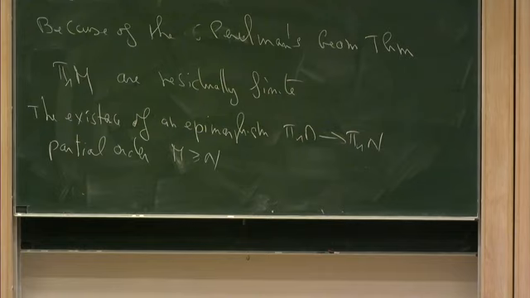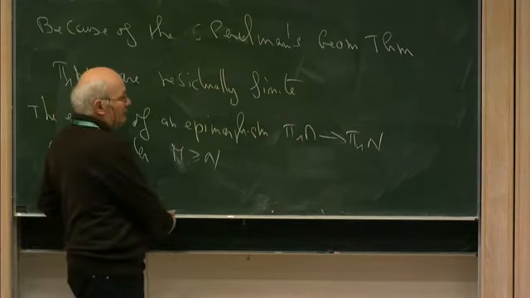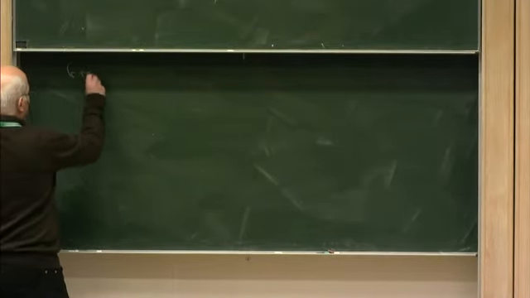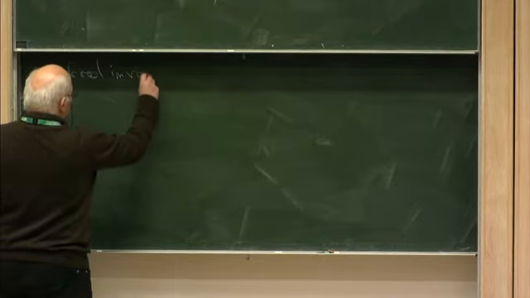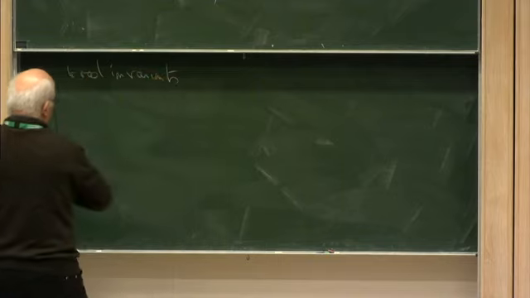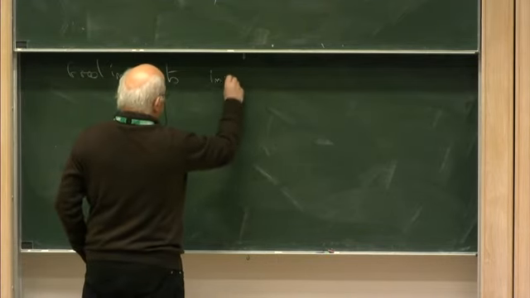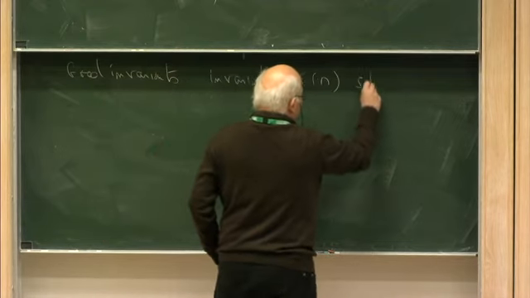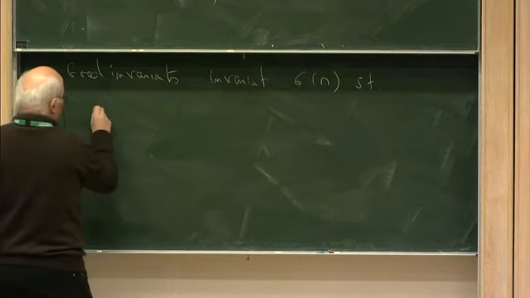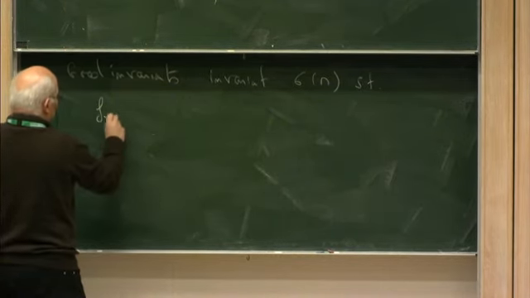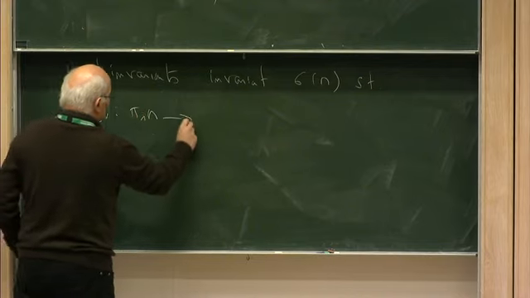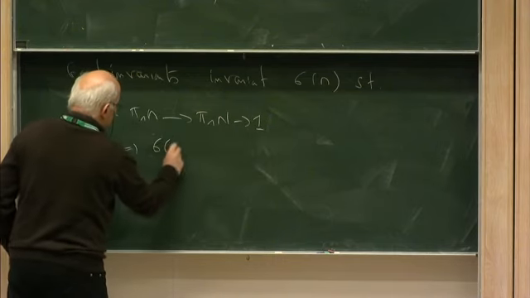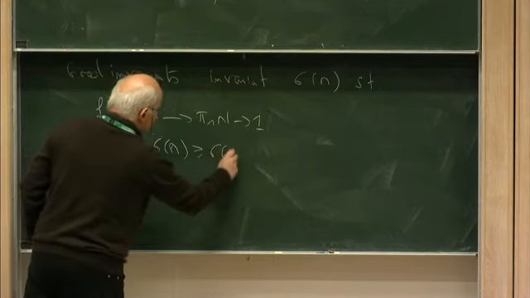Good invariants will be invariants σ(M) such that if you have this epimorphism, then σ(N) is smaller than σ(M).